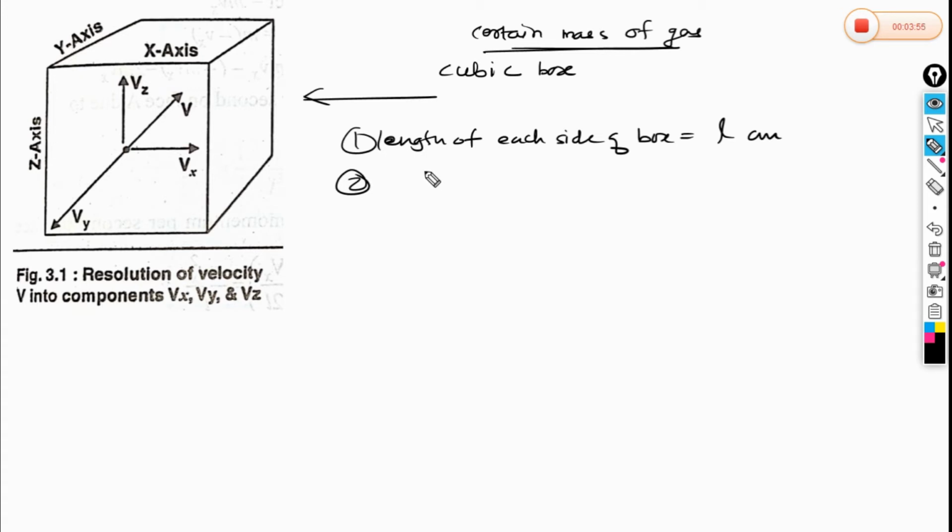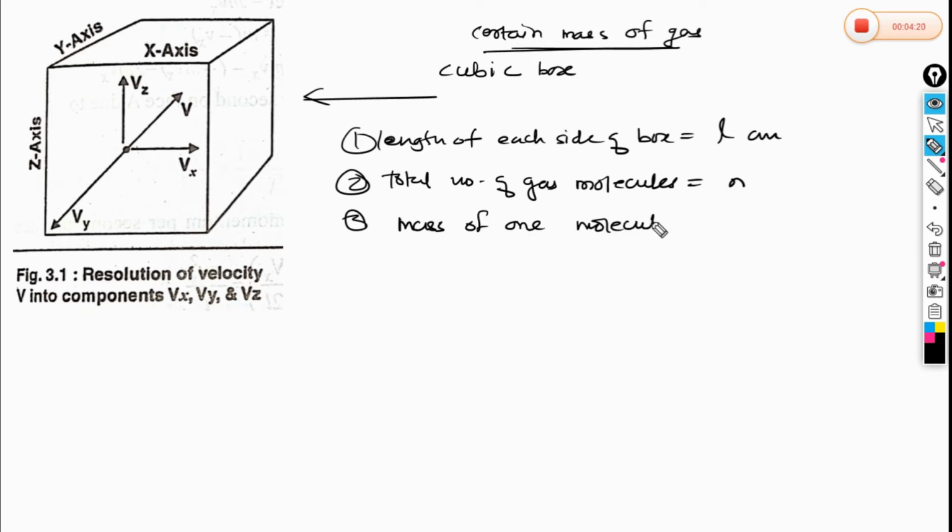The total number of gas molecules is equal to small n. Third, the mass of one or single molecule is equal to small m.